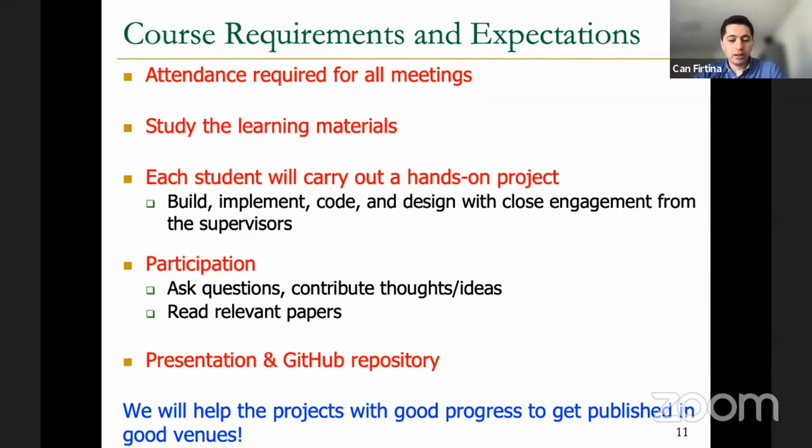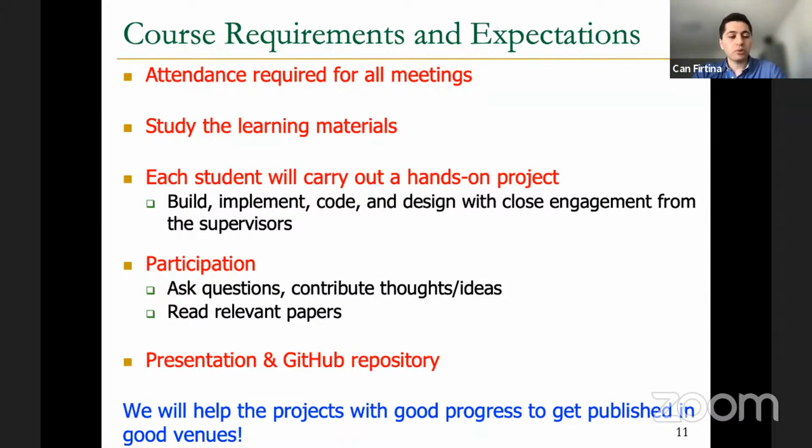While you're implementing your project, you're going to have a GitHub repository, which is going to be private initially, and you're going to be committing your code there so that you can be in sync with your mentors. And later on, toward the end of this semester, you're going to be giving a presentation to everyone, meaning your peers and also your mentors, right?